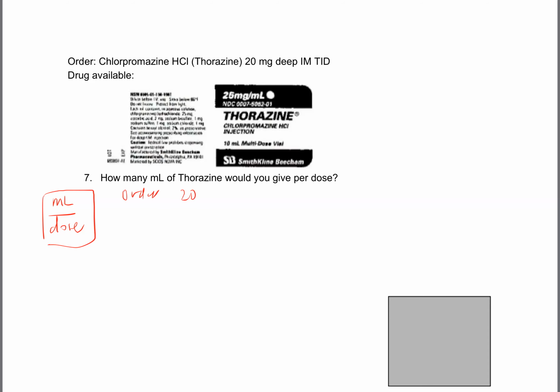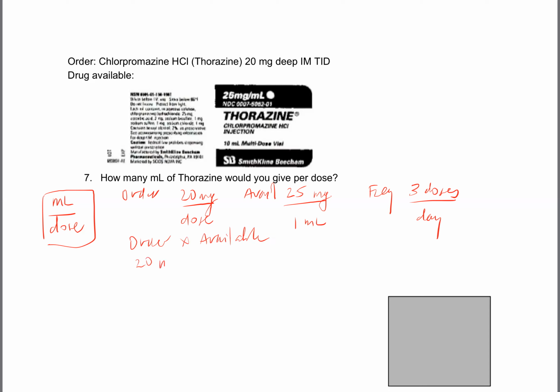Your order is 20 milligrams per dose. Availability is 25 milligrams per 1 ml. Your frequency is TID, or 3 doses per day. Following the equation, order times available, you'll have 20 milligrams per dose.